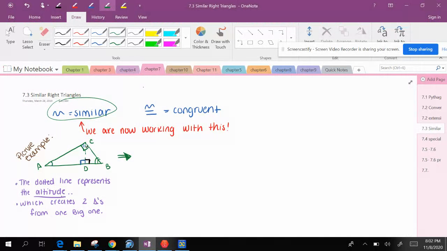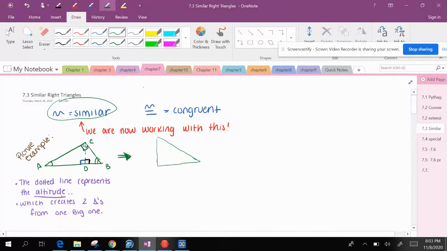So the first thing we're going to do is take apart this triangle. Drawing that altitude in the middle creates two triangles within the large green triangle. And we're not going to be really creative here. We're just going to call them large triangle, medium triangle, and small triangle. It's the best that I can come up with. Your large triangle is the perimeter, the big one that's housing the other two.